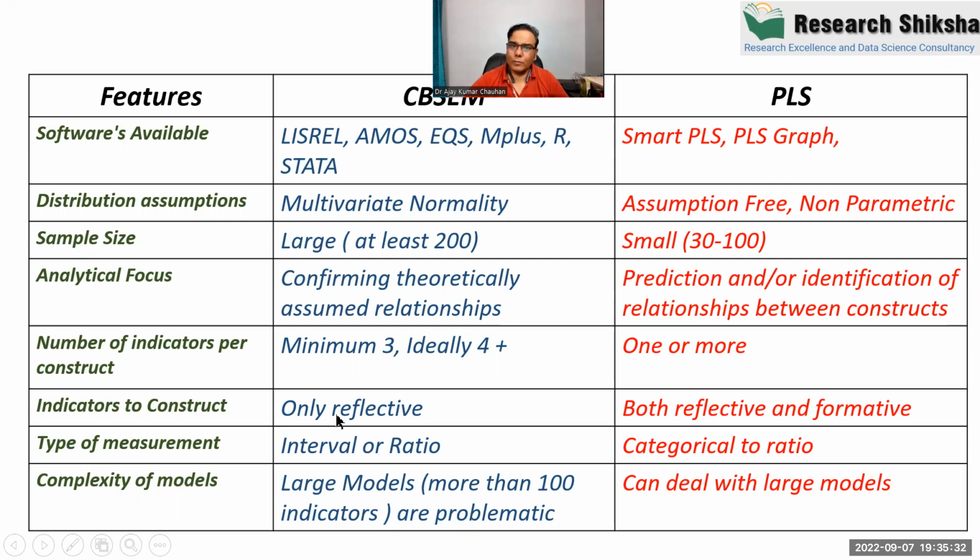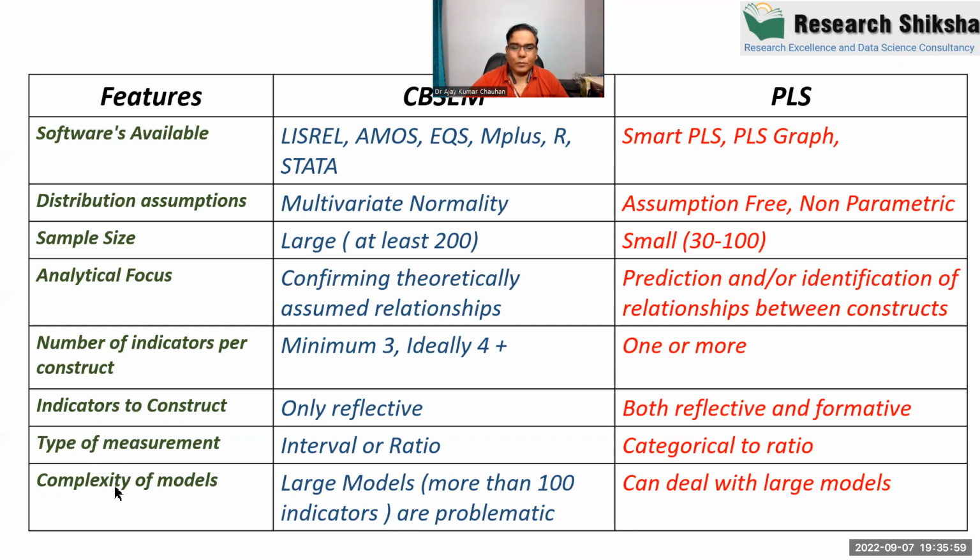In case you have a formative construct, then CB-SEM will not work. You have to go to PLS. And in CB-SEM, you can use only interval scale or ratio variables. In PLS, you can use categorical also. So this is one of the differences where PLS is much better.